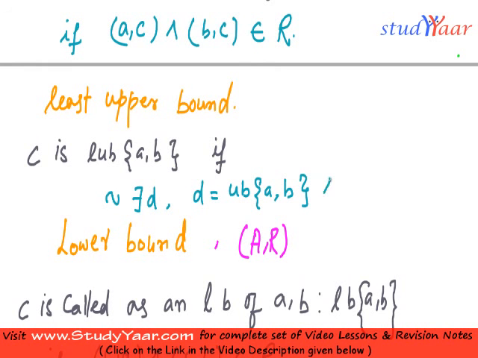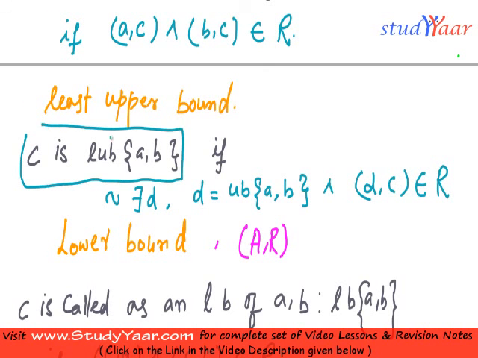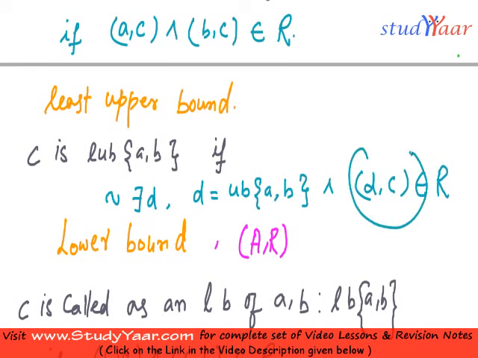And we have D comma C an element of R. Then in that case C is called the least upper bound of A comma B. So D comma C rather should not be an element of R, if at all D is an upper bound of A B. If D is not an upper bound of A B, then there is no problem.